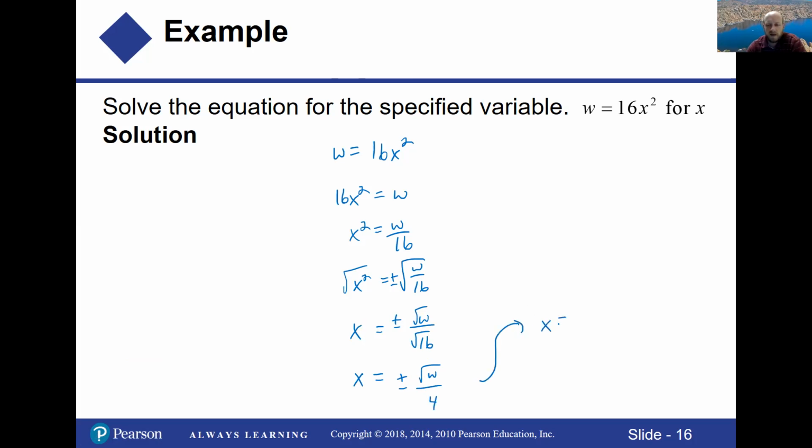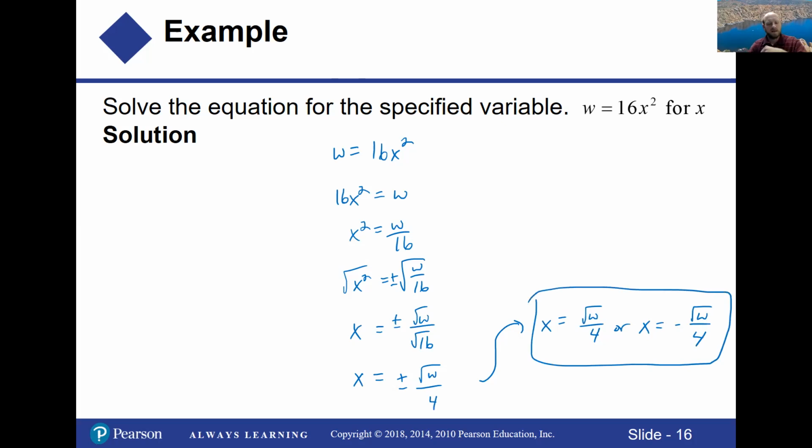So really I have x equals positive square root of w over 4, or x equals negative square root of w over 4. And that is your solution. Those are your two solutions for that case when you're solving for that specified variable.